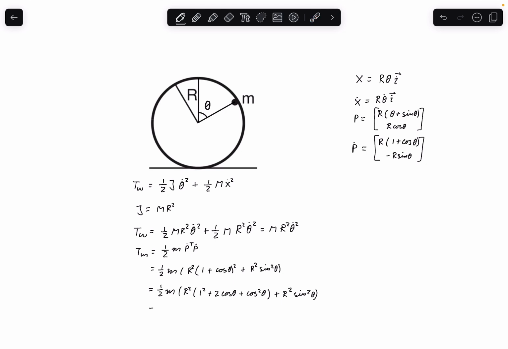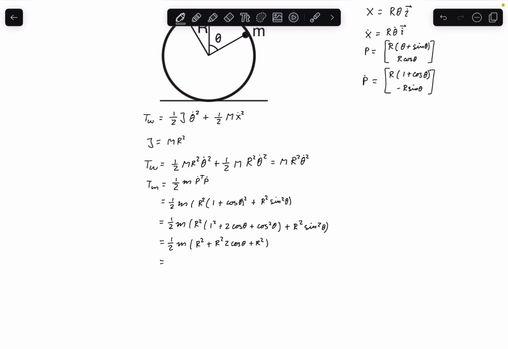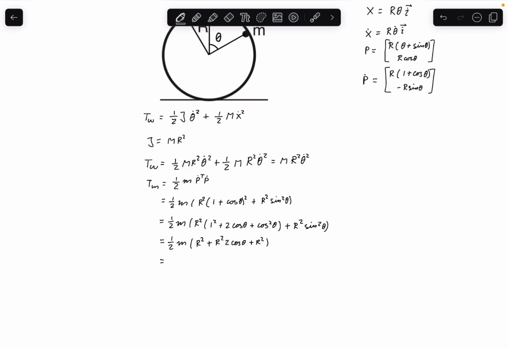So that means we still have 1/2 m, and then we have r squared plus r squared 2 cos theta, and then plus r squared. This could therefore be written as, so we take the 2 out and the r squared out, so it leaves us with m and then r squared, then we have 1 plus cos theta.